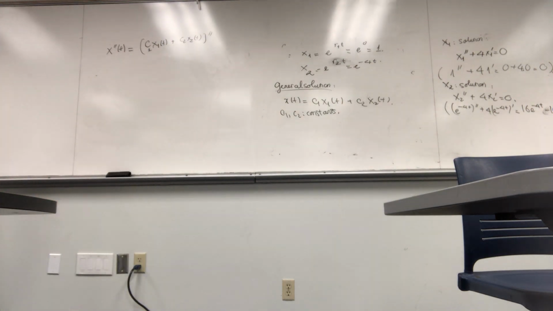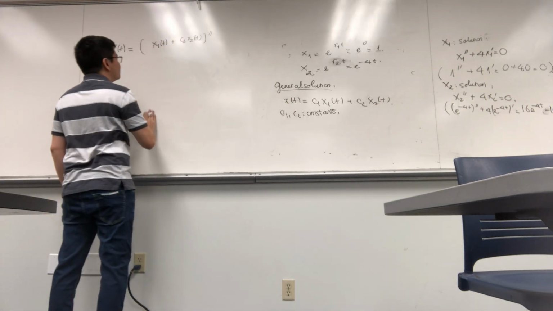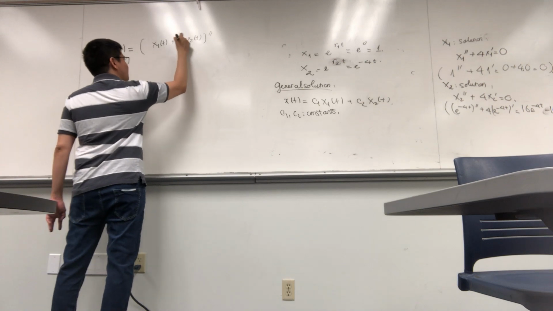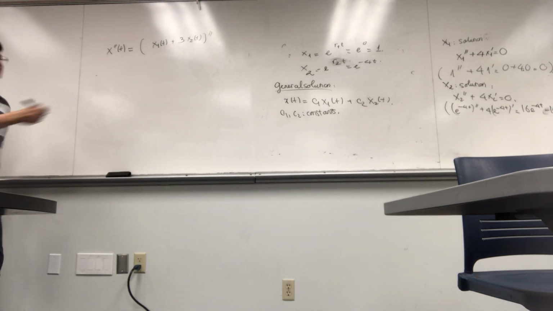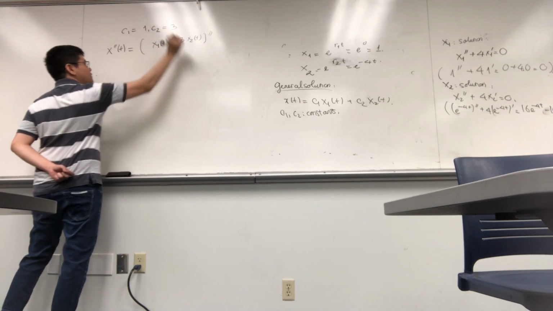C1 and C2 are constants. Let us take C1 to be 1 and C2 to be 3. So in this case, I consider a special case: C1 is 1 and C2 is 3.